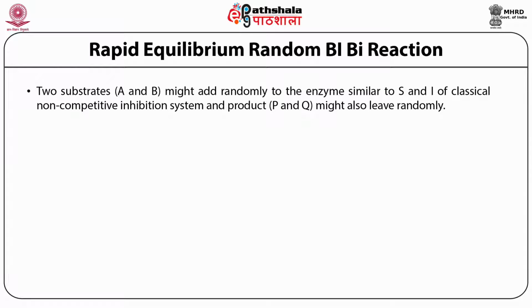In this reaction, if you study the kinetics, you can see in the equation that when free enzyme combines with substrate A, it has a constant Ka and produces the EA complex, the enzyme-first substrate complex. When it combines with the second substrate, it has a constant Kb and produces the EAB complex.